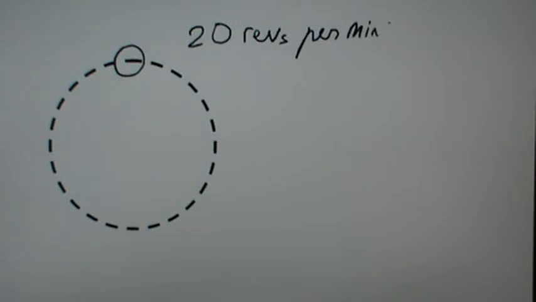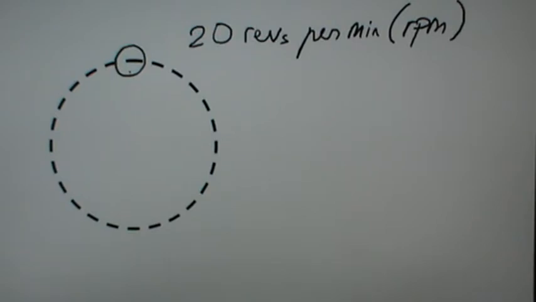So now let's see the first example. Here we have an object moving in a circular path, and it does 20 revolutions per minute, or we often say RPM, and the radius of the circle here is 2 meters.